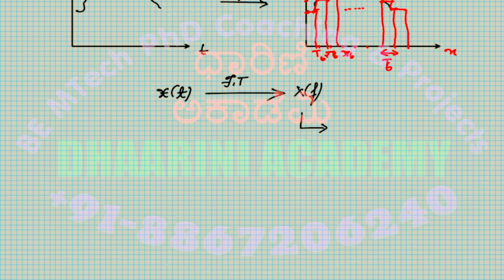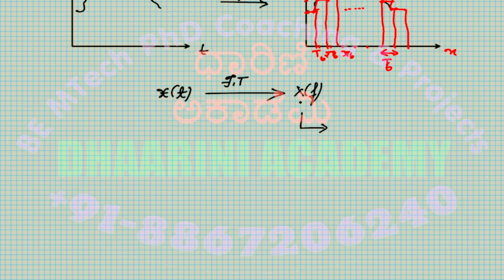Will it give any information related to the signal, that is x of t? So t was a time variable. So you are able to visualize at what time, what is the amplitude. That is x of t.